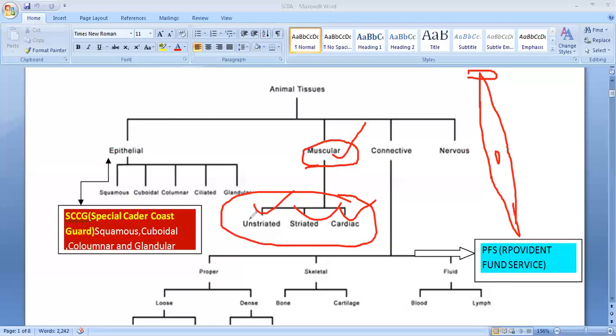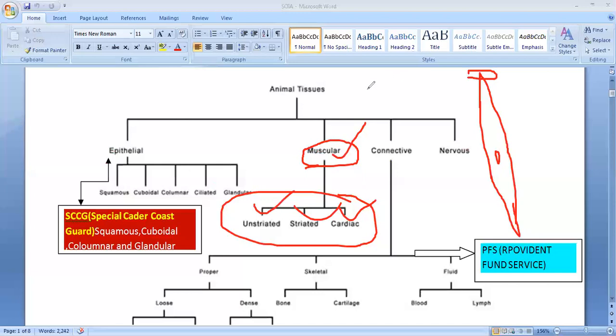The alimentary canal also has smooth muscles, which perform reverse peristalsis. You know very well that peristalsis is the downward movement of food. Sometimes reverse peristalsis also occurs inside our body, which causes the vomiting phenomenon. Clear?